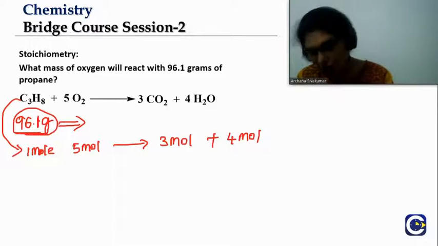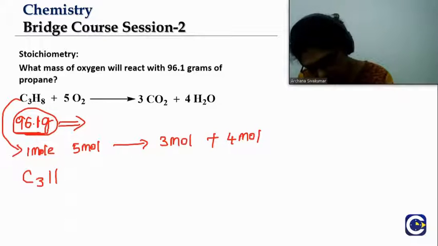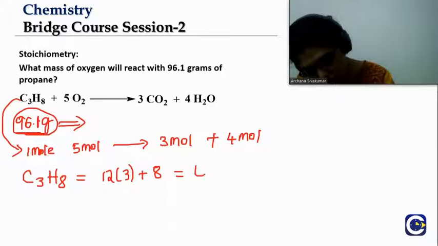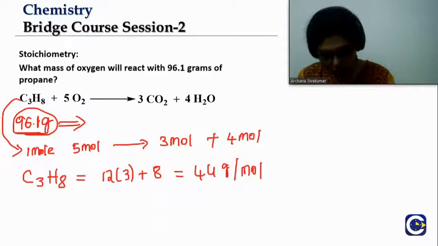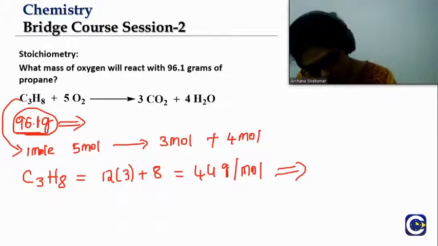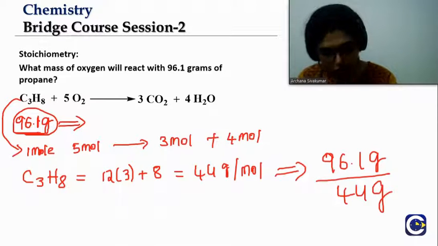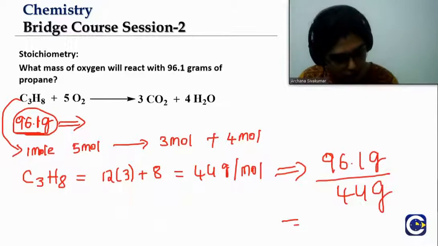For that we have to find out the molar mass of propane. So we have C3H8. What is the molar mass? 12 times 3 plus 8. So the molar mass is 44 gram per mole. So how much propane will be present in 96.1 gram? 96.1 gram divided by 44 gram per mole will give you the moles.